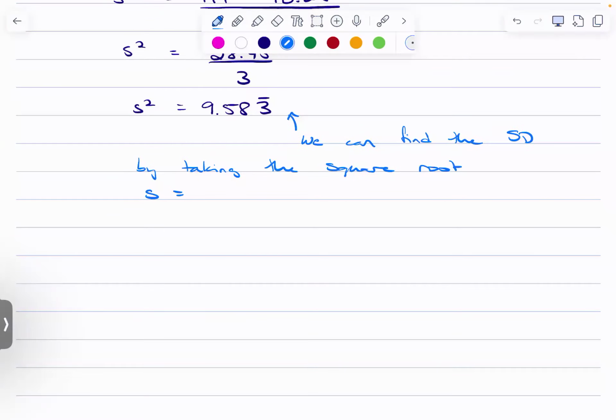Which means that the standard deviation is the square root of 9.583 repeating. I'm going to keep all my decimal places and just take the square root. And I get 3.095695937.